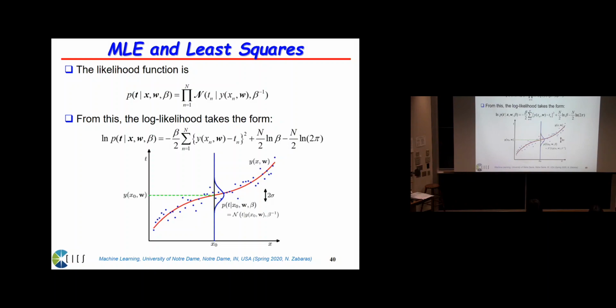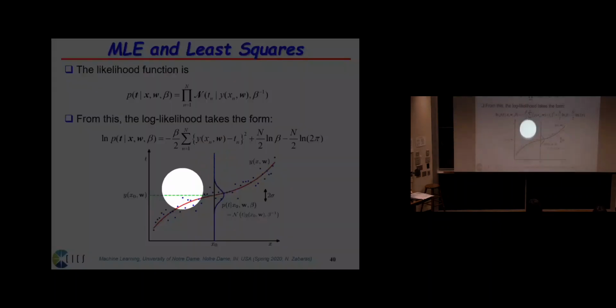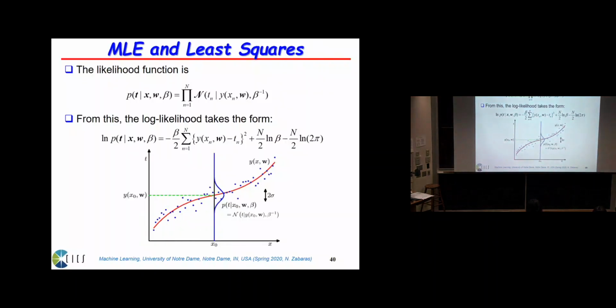So, I remind you what our likelihood model looks like for scalar predictions, okay? We effectively said the response at every point x is a Gaussian, centered around the regression function calculated at x, and that's our likelihood model that we use to do all the analysis.